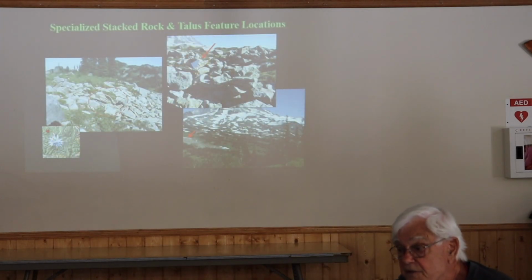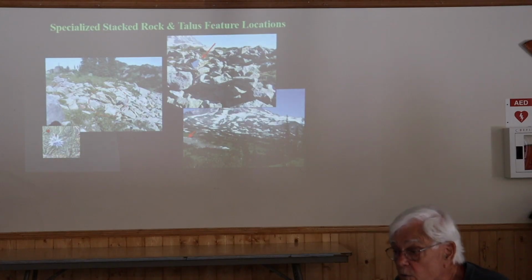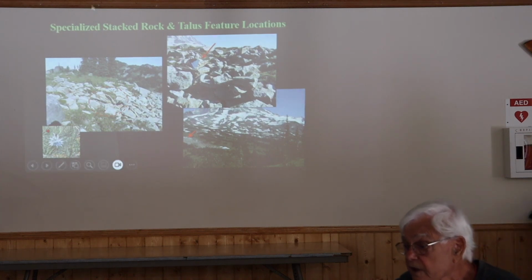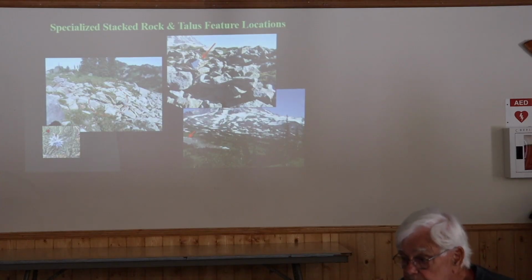Specialized stacked rock talus feature locations. This is sort of difficult to see in two dimensions, but what we have here is a ring of rock and a ring of rock on each side, and they're located on a very small talus feature that shows also in Spray Park, right about where the arrow is pointing. The uses have never been satisfactorily documented or figured out.